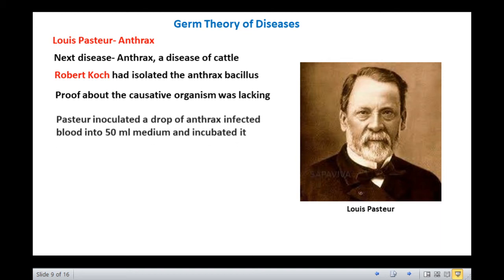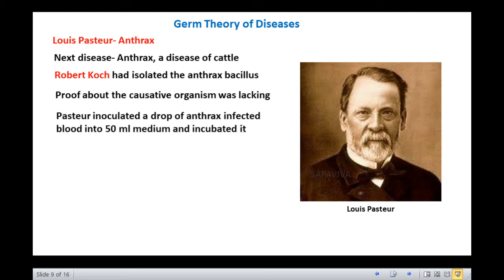Pasteur inoculated a drop of infected blood from a sheep dying from anthrax into 50 ml medium and incubated it, and repeated the process of dilution 100 times. Thus, the original sample was so highly diluted that there was no chance of any molecule from the original sample remaining in the culture.